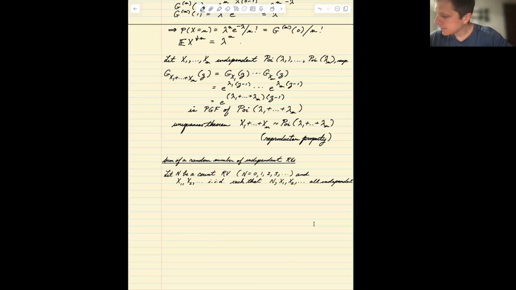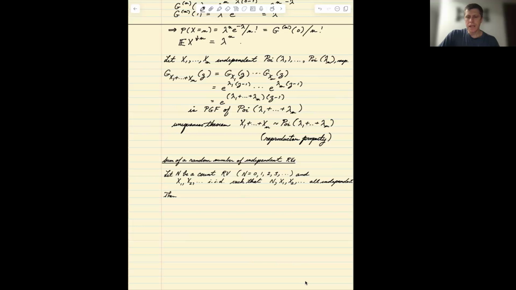Then what can we say about the distribution of S sub capital N, which is defined as the sum from X1 up to X sub capital N?